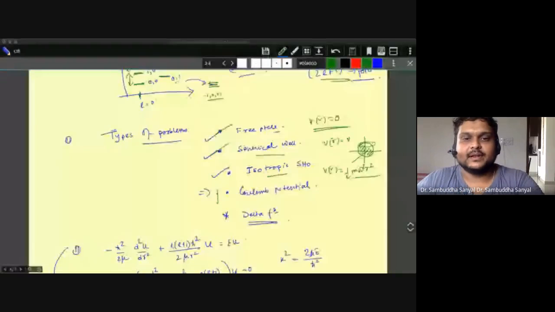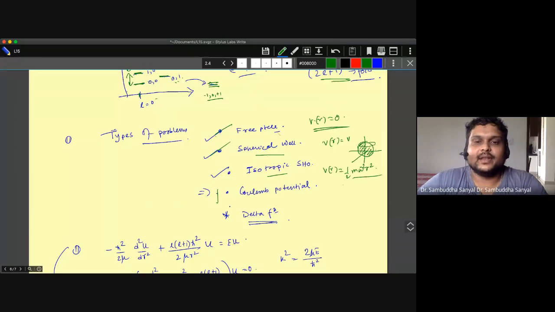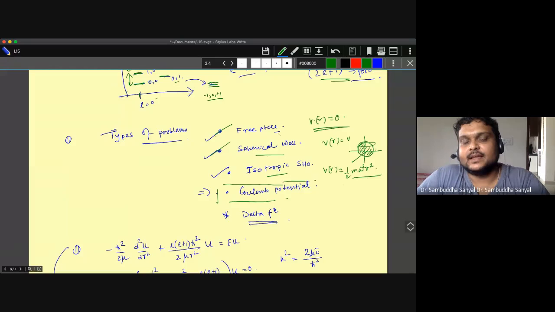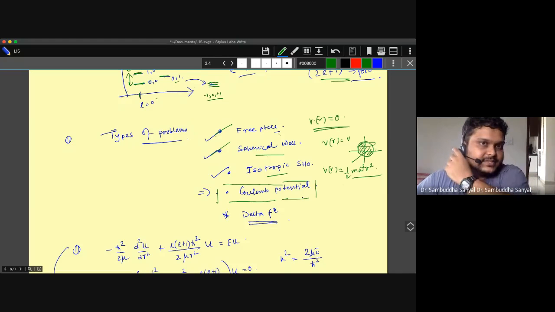Okay, so now we will talk about these three classes of problems, and tomorrow I will go into great detail about the Coulomb potential, which is basically the hydrogen atom problem. This is of course a historically very important problem, because the hydrogen atom problem allows you to calculate the energy levels of an atom or a bound electron system.